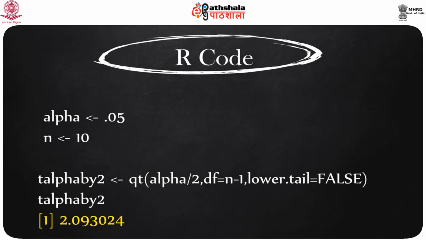We have the cutoff points for the t distribution with arguments alpha by 2 and degrees of freedom being the sample size minus 1. We have discussed these things earlier as well. These values are stored within the t alpha by 2 variable, and here it is.